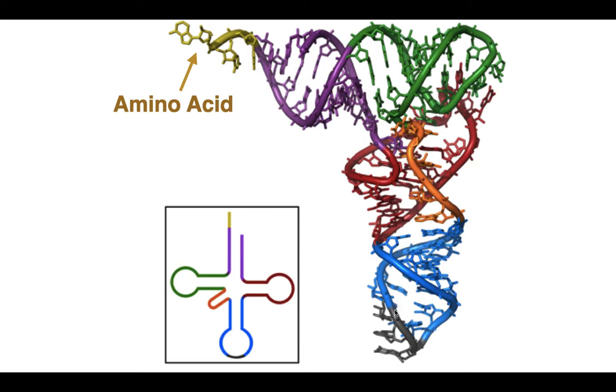And you can imagine how a little bit of a shift in this end would open up or close down these spaces a little bit, and that could have a profound impact on where the binding sites are, such that at this very top end, the direction that it's curling outward and the specific bonds that are happening between these last few nitrogenous bases could have a pretty profound impact on which amino acid is able to find a space to bind in right over here.